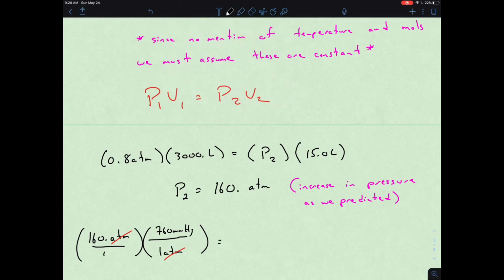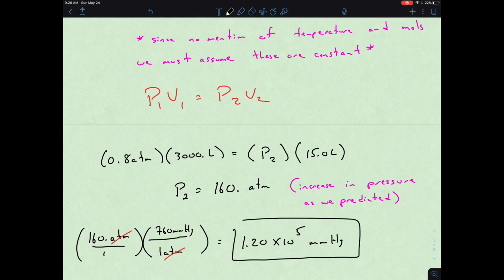And when we do that, we get a value of 1.20 times 10 to the 5th millimeters of mercury. So that's the simple relationship of Boyle's law, looking at how pressure and volume are inversely related to one another, so long as we keep these other two possible variables constant, namely temperature and moles.